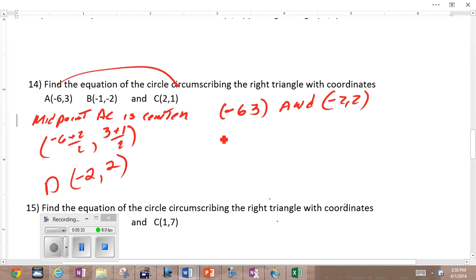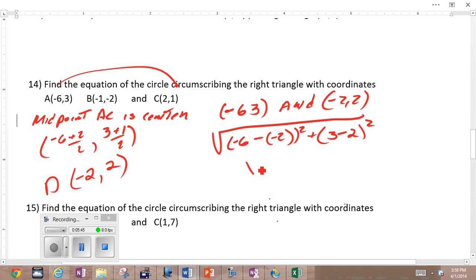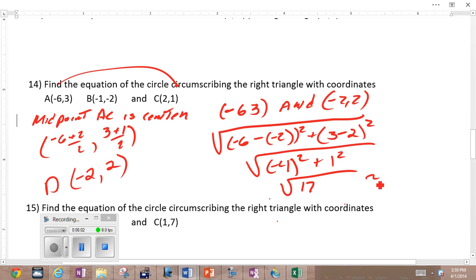The distance would be the square root of (negative 6 minus a negative 2) quantity squared plus (3 minus 2) quantity squared. Negative 6 minus a negative 2 is negative 4, squared is 16, and 1 squared is 1. So this is the square root of 17, which is going to be my radius.